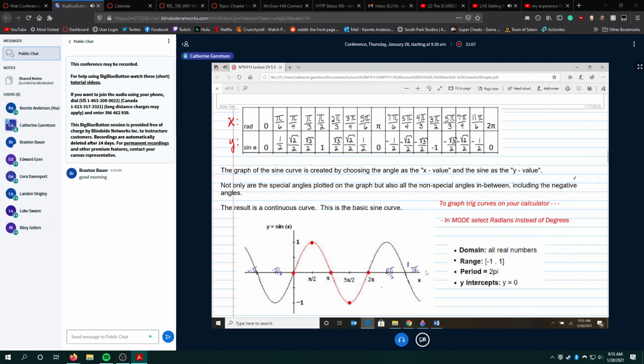Now, some other things. Let's talk about domain. If we just think about a function as a machine, like the Coke machine down the hall, the domain would be what can I input in it that the machine accepts and doesn't spit out. So if I were to go down the hall, could I put pennies in it?